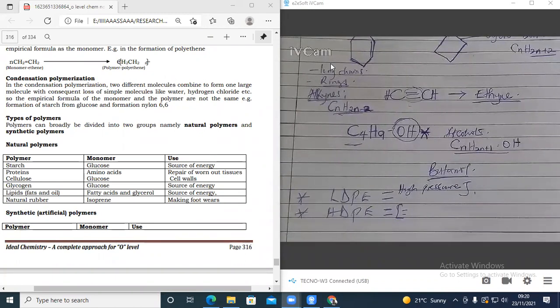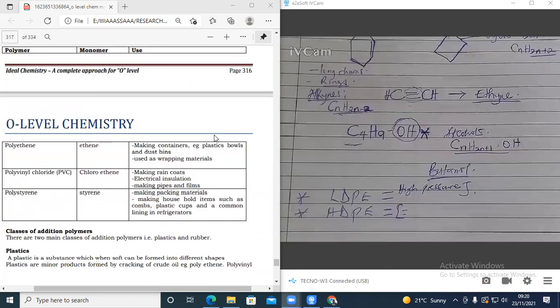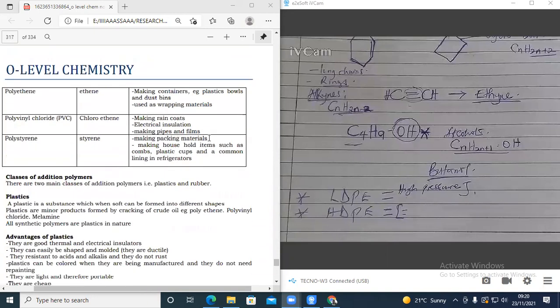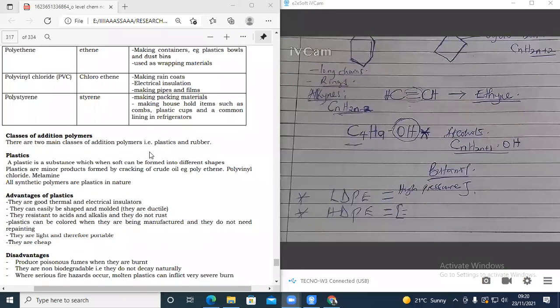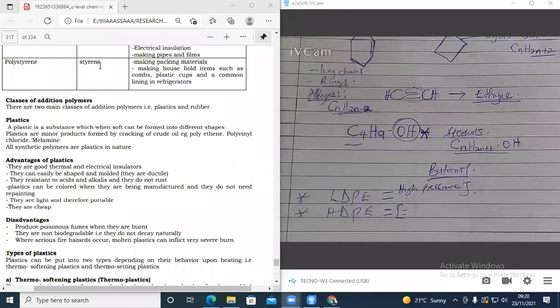If we don't know, then consult the book. This book is there online. Download and read. Questions will come from there. The title of the book is, is it O level chemistry?